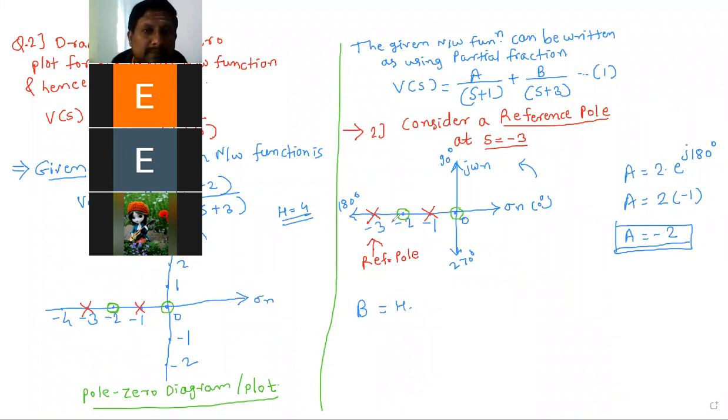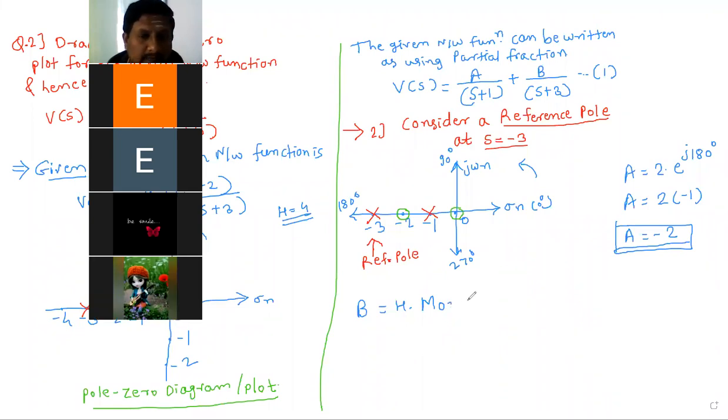H into, now your reference pole is s is equal to -3. So what will come in the numerator? M0 to 3, next M2 to 3, into e raised to j phi of 0 to 3, e raised to j phi of 2 to 3.